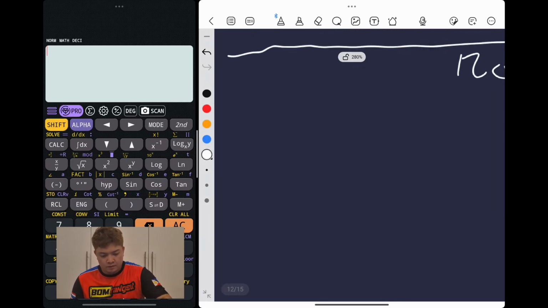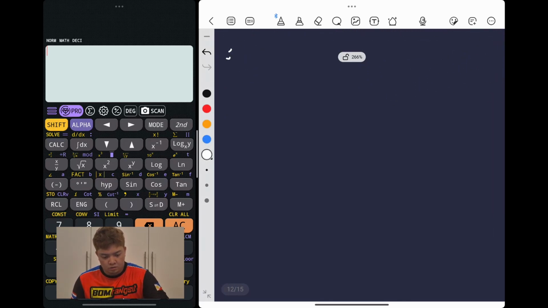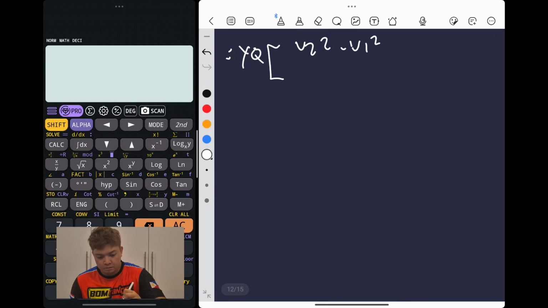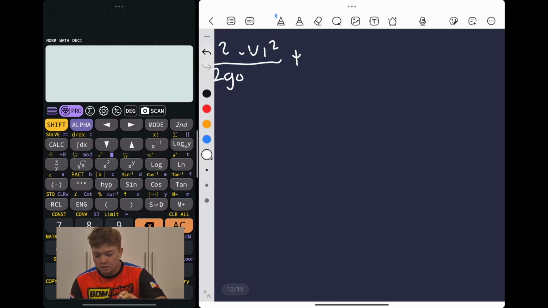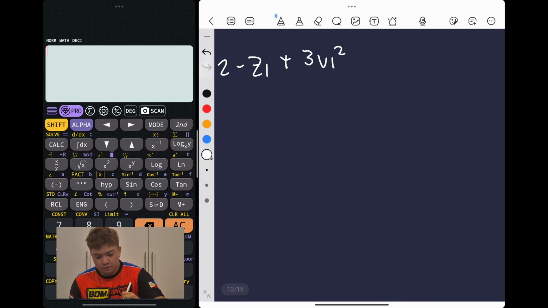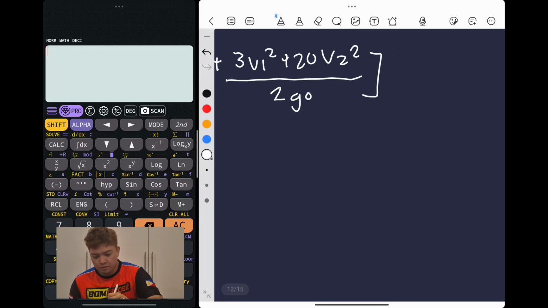Okay, drag natin is equals to gamma Q times V2 squared minus V1 squared all over 2g plus elevation Z2 minus Z1 plus 3 V1 squared plus 20 V2 squared all over 2g, close parenthesis, all over efficiency.